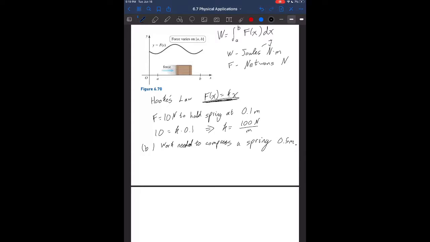Okay. Well, we have our integral for our work formula. We now have our force function, right? We know what our K is, and so we can take all of this and plug it all in to figure out what our work is actually going to be. So in particular, for this problem, we are compressing 0.5 meters, so we are starting at equilibrium at 0, and going compressed, which is negative to negative 0.5.